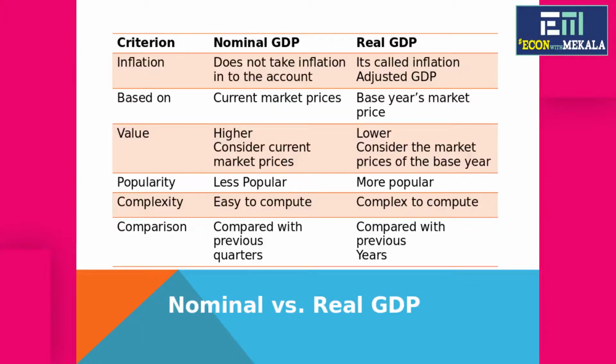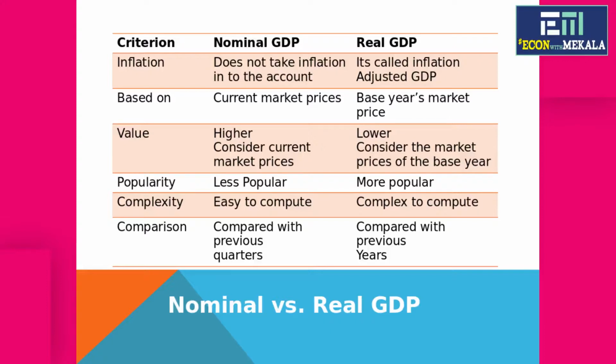Here I am going to talk about a few differences between nominal GDP and real GDP. On inflation, nominal GDP does not take inflation into account, but real GDP is adjusted for inflation. Nominal GDP is based on current market prices, whereas real GDP is based on base year market prices.